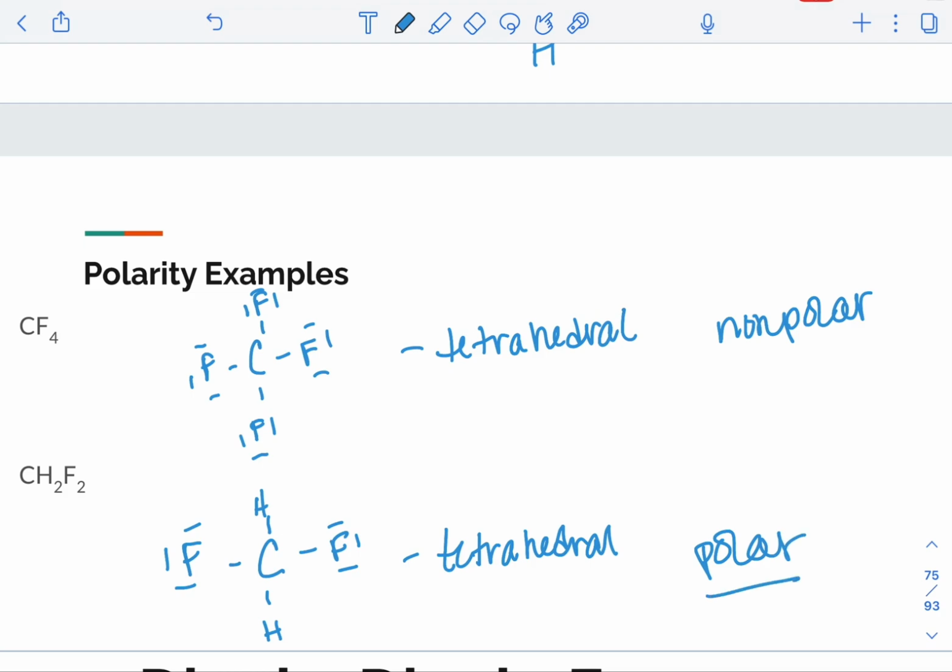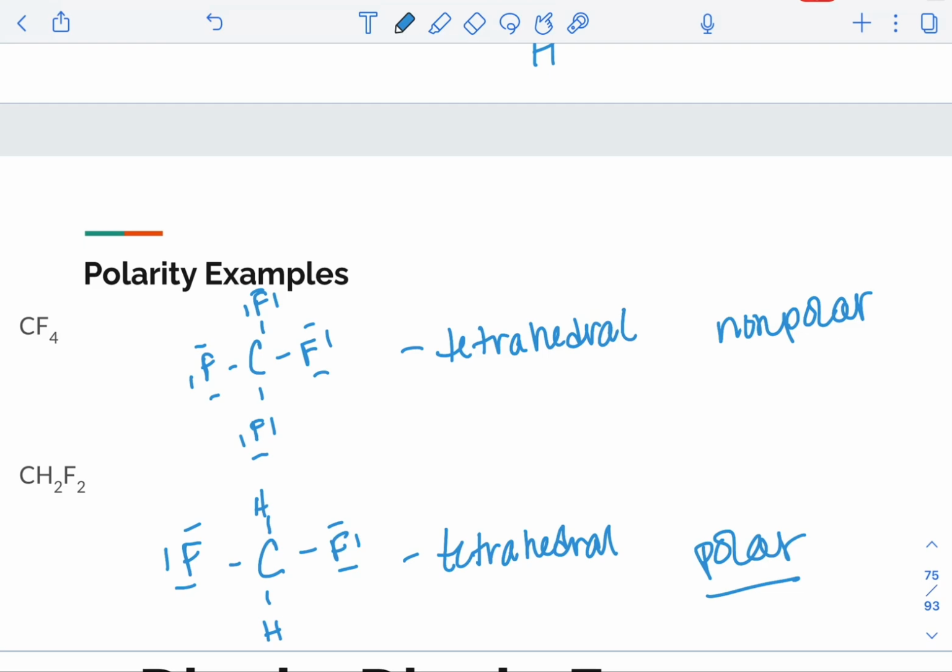Okay, so you need to think, first, will the dipole moments cancel? Second, are all the terminal atoms the same? If the angles are all the same and the terminal atoms are the same, then it's nonpolar. If either one of those things is not true, you need to dig a little deeper and see.